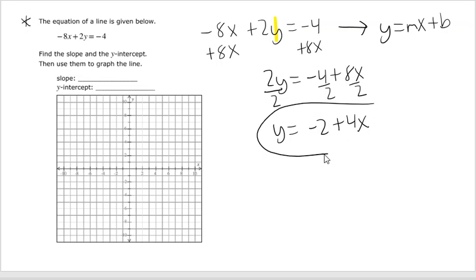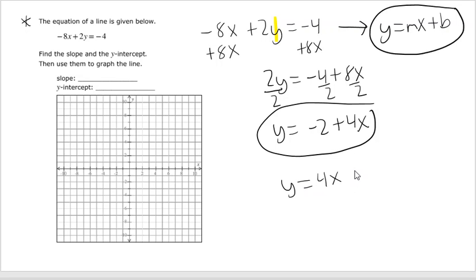Now, this is almost in slope-intercept form, but notice that in slope-intercept form, the term with the x is written first, and then the constant term is written second. So if we just switch this around and write it as 4x minus 2 instead, or we could say plus a negative 2, either way, now our equation is in slope-intercept form.